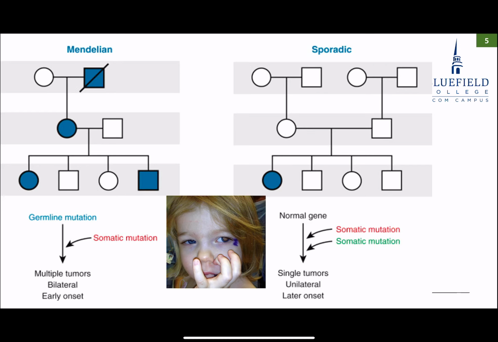And because it doesn't take much to acquire the second mutation, we see not only increased frequency of the disease in the family, but also the presentation is more severe.